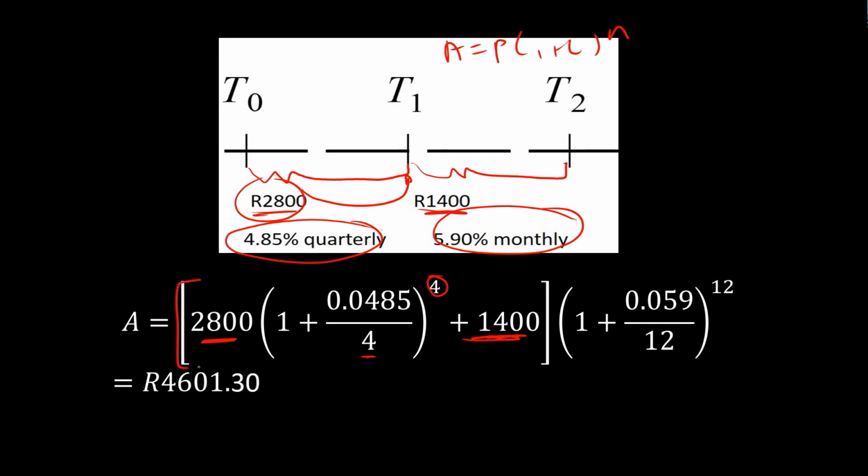I then find that amount, so I know that's the total amount at time 1, and I multiply that by the new interest rate to take me from time 1 to time 2. So I multiply by 1 plus 0.059 divided by 12. We raise that to the power of 12 to reflect your monthly compounding. You put all of that into the calculator and prove for yourselves that the final amount in the account will be 4,601 Rand and 30 cents.